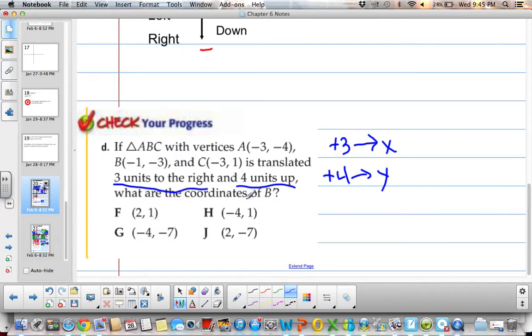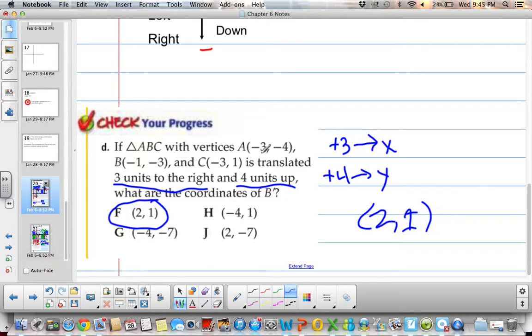It says, what are the coordinates of B? So we look at B. -1 plus 3 is 2. And then we take -3 plus 4, and we get 1. So our new coordinates then for B would be 2, 1.